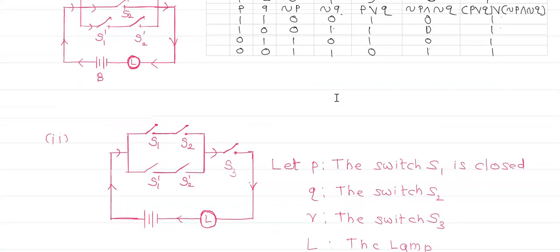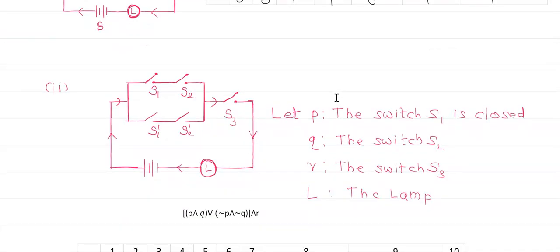Now we'll see the next. Here is a circuit with S1, S2, S1 dash, S2 dash, and S3. Now S1 and S2 are in series.